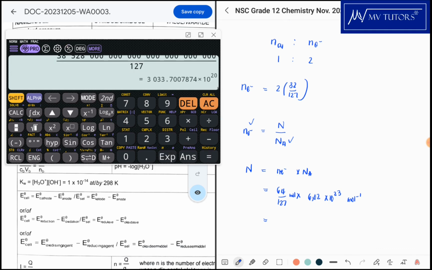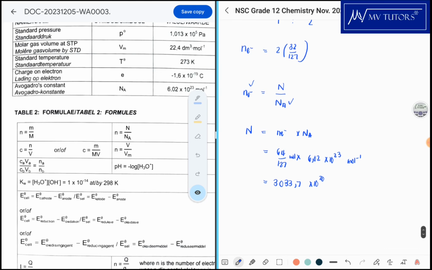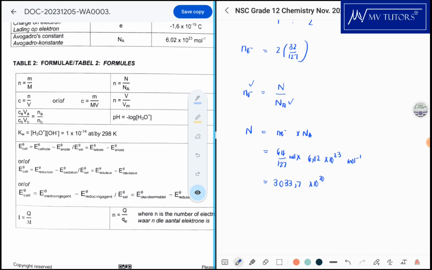We get 3,033,7 times 10 to the power 20. And then from here, we're going to use another equation for the number of electrons that we actually get.